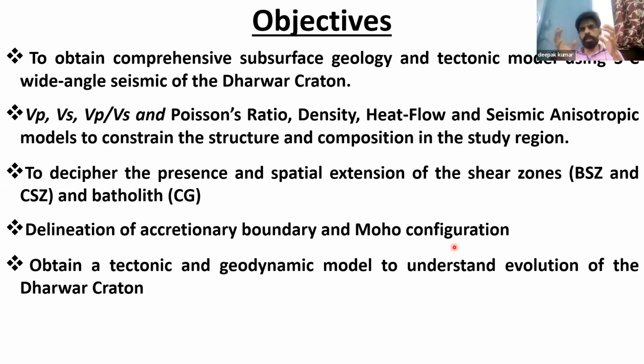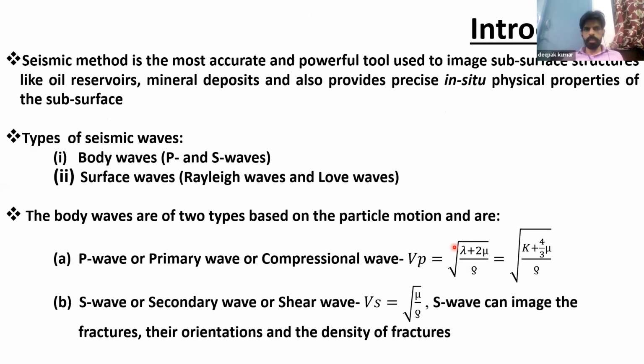If my objective is to image only up to 5 or 10 kilometers, I'll use vibroseis and thumper. But if I want to image the full crust up to the Moho, I'll have to use more than 1,000 kg of dynamite, TNT or explosives, to image up to 50 or 60 kilometers depth in the subsurface. Okay, moving on to the next slide.